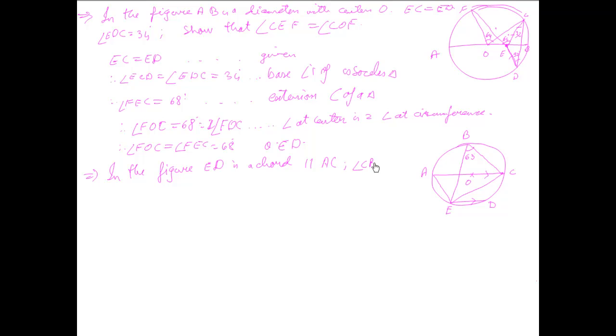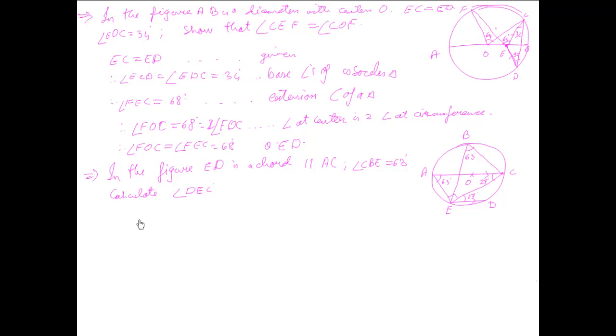If angle CAB equals 63 degrees, find angle DEC. Now children, if this is diameter, children, this will be 90 degrees. This angle comes out to be 63, angle subtended by the same arc. This arc subtends angle 63, this angle subtends 63 degrees. So children, this becomes the third angle of a triangle. That's 27 degrees. Since the lines are parallel, this will come out to be 27 degrees.